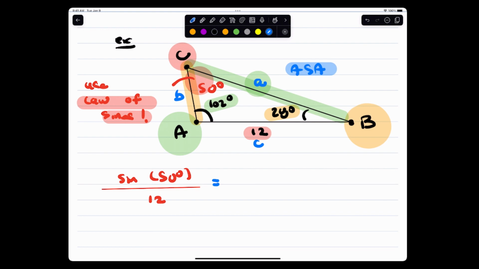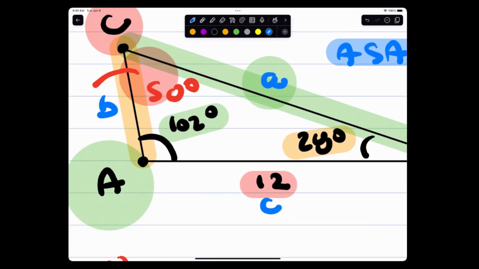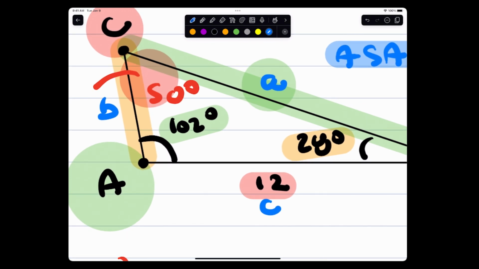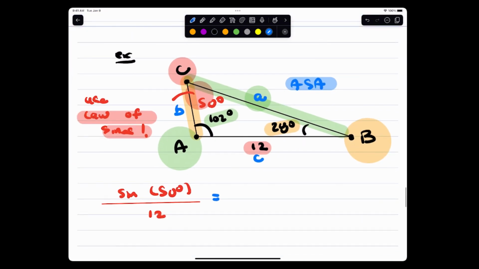I want you guys to notice. Why did I use that? Because I have a known angle, 50 degrees, and a known opposite side of 12. So there's my first ratio. It has to be known.